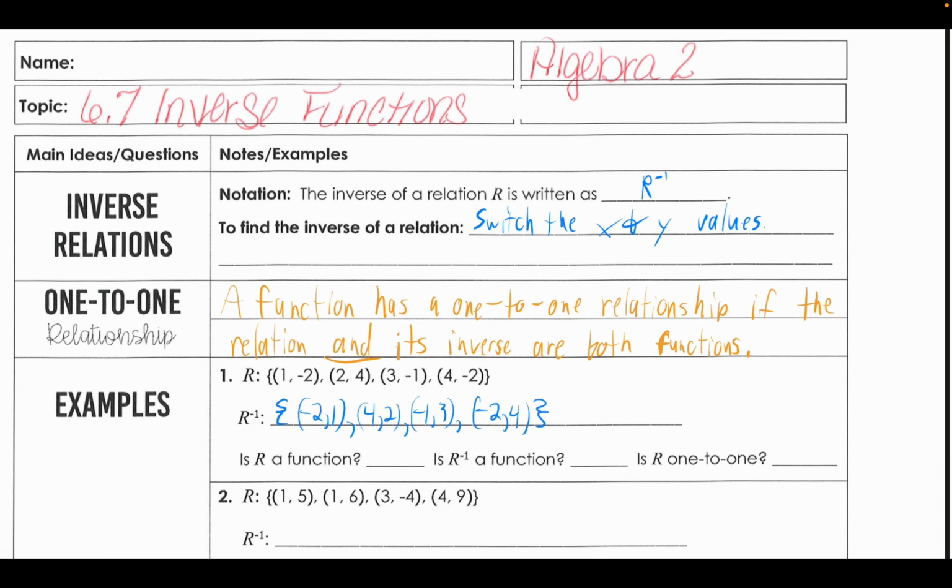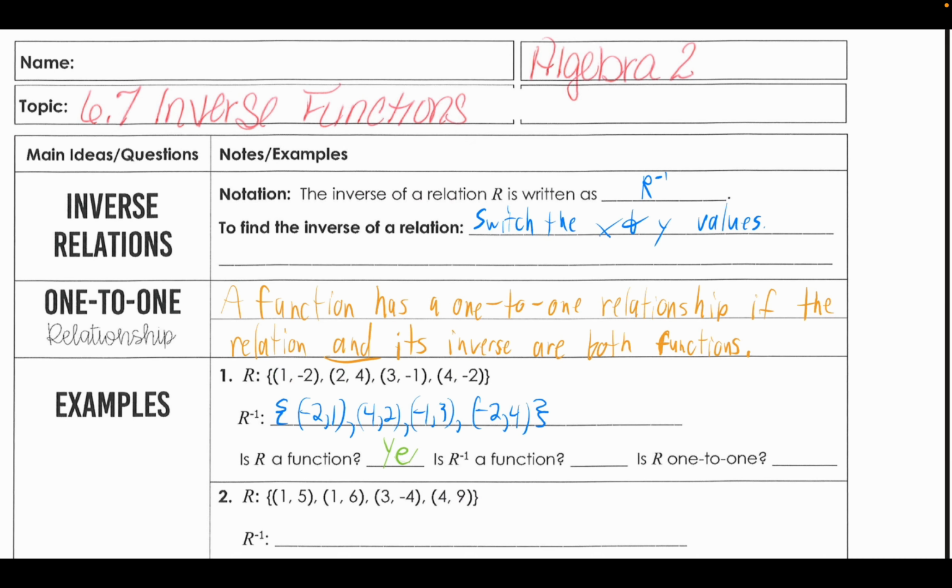Now, is the original a function? Well, reminder, to verify whether or not something's a function, we have to establish that each x goes to exactly one y. So in our original function, we have 1, 2, 3, and 4 different x's going to a y, and they're each going to only one y. So is the original a function?